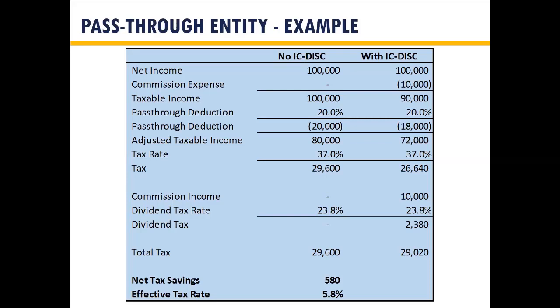Our total tax is $29,020. So by adding the IC DISC, we have saved $580 of tax in our scenario here, which is 5.8% of the $10,000 commission. Obviously, the more commission we can get, the more tax savings we can get.